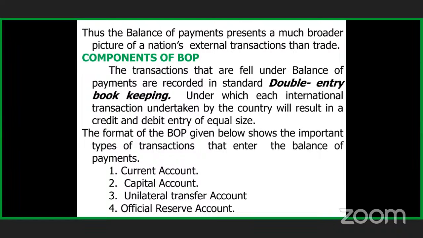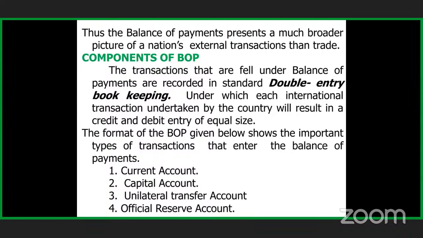The transactions that fall under balance of payments are recorded in standard double entry bookkeeping, under which each international transaction undertaken by the country will result in a credit or debit entry of equal size. So it is nothing but an account of all the transactions between the countries which are involved in international trade.